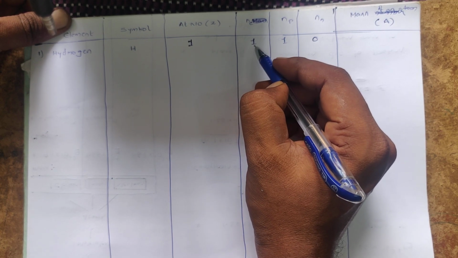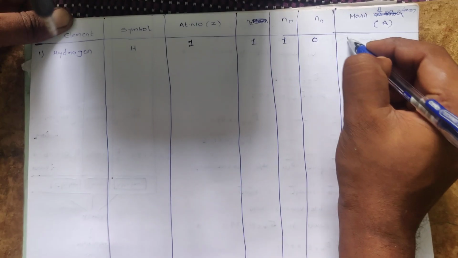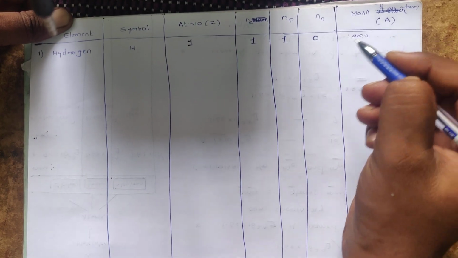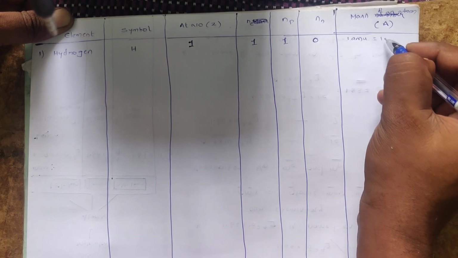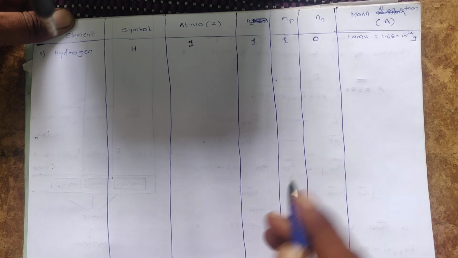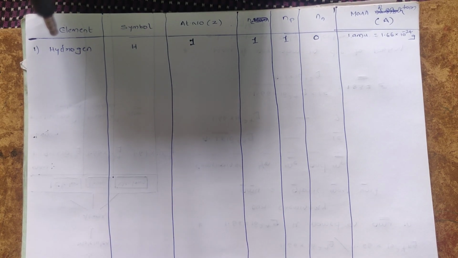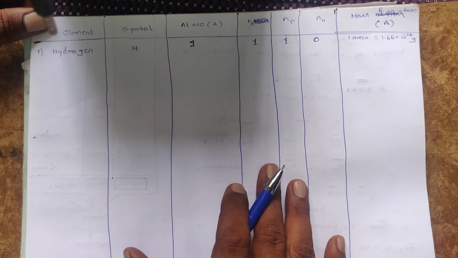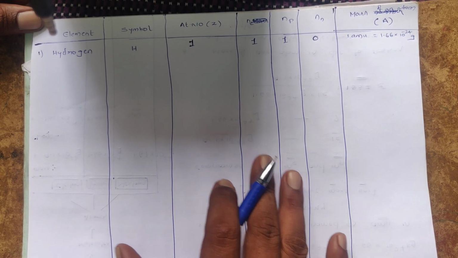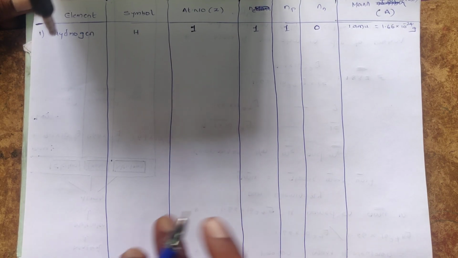No need to consider its mass. How many protons are present? 1 proton, whose mass is 1 AMU. This is equal to 1.66 into 10 power minus 24 grams. So the mass of a hydrogen atom is 1.66 into 10 power minus 24 grams.